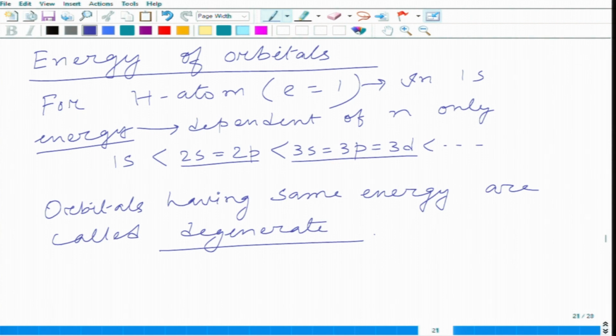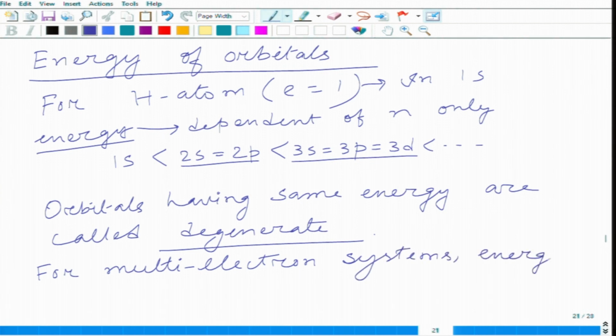But for multi-electron systems, energy depends on both n and l, that is both principal quantum number and azimuthal quantum number.